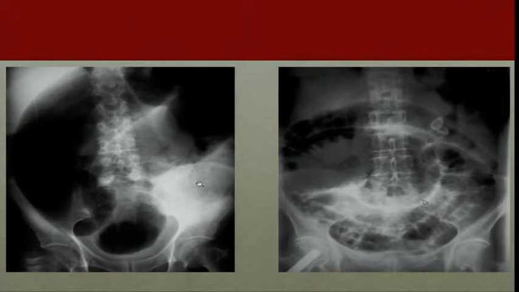So what is your management of a sigmoid volvulus, Kim? Rigid scope and bleeding orifices. They're stable enough. The key is to make sure they don't have an acute abdomen or anything before you do that. But yes, decompression.